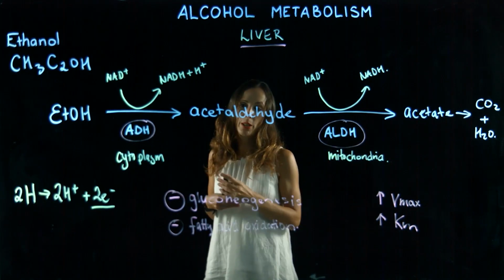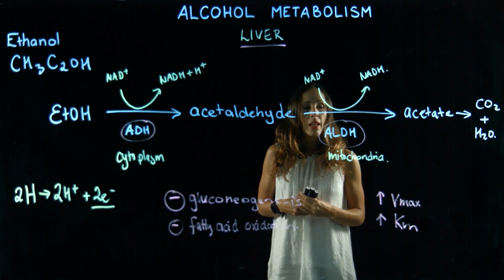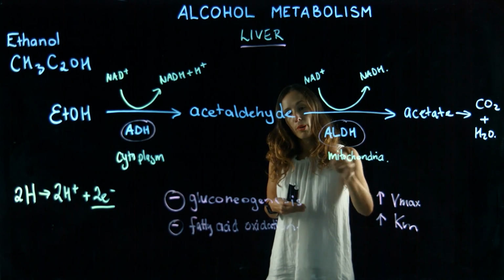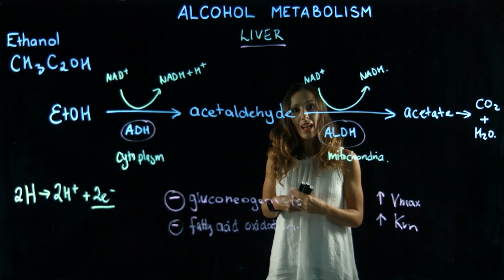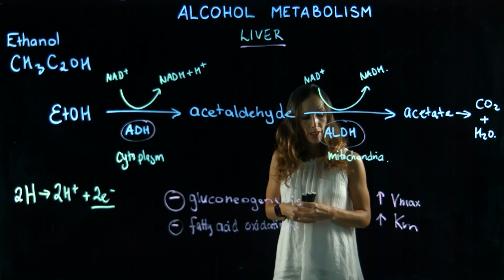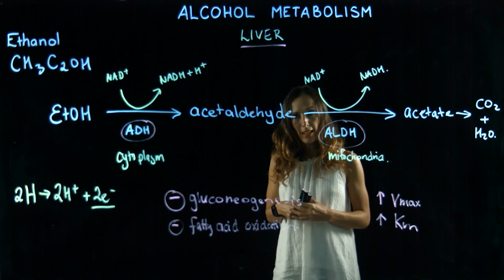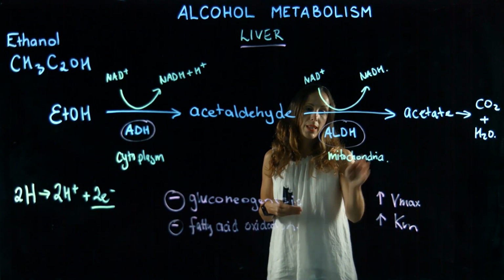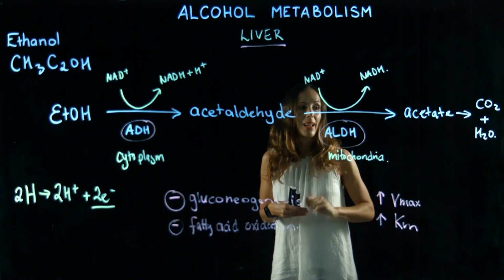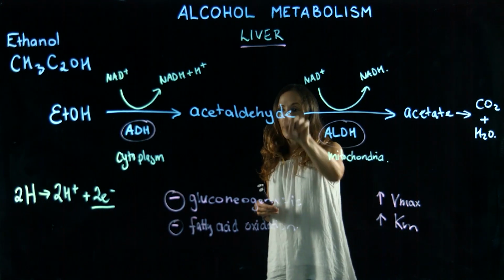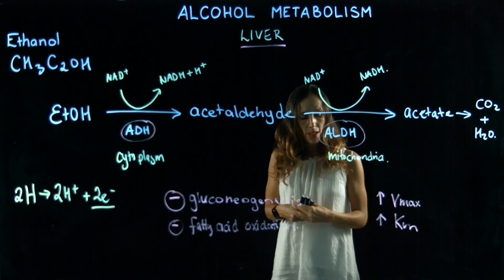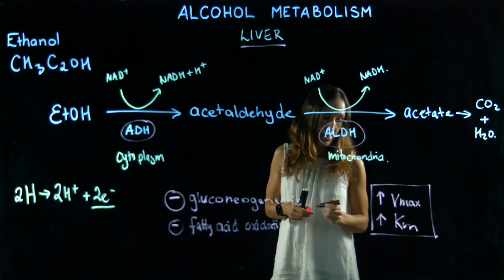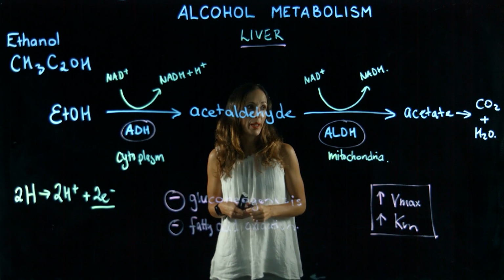In this mutation, the mitochondrial version of the protein isn't functioning and they are relying on a cytoplasm version that has this differing Km. Again, that leads to an increase in acetaldehyde because the enzyme is working slower and we're getting an accumulation of acetaldehyde. So those are some of the variants we can get in the two genes or two proteins that are being produced in this pathway.